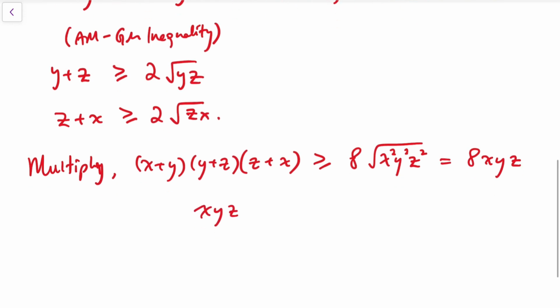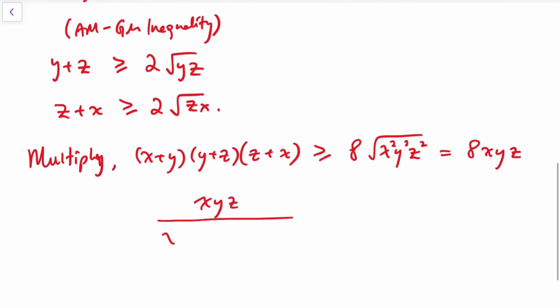So therefore, xyz divided by the product of the other three terms is at most 1 over 8. So in this case, when z is positive, the maximum value of this expression is 1 over 8.